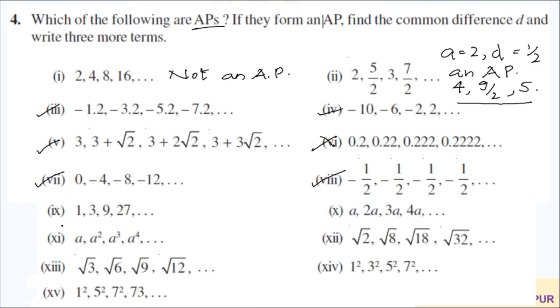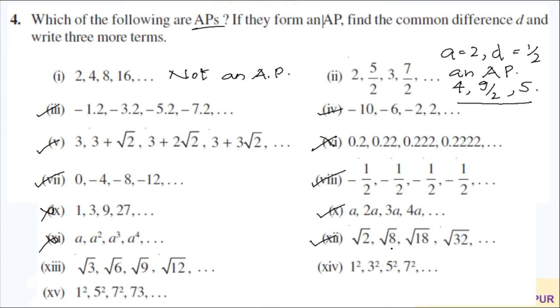Ninth one, it doesn't form an AP because there is no common difference. 10th one, it forms an AP with a common difference A. 11th one, it doesn't form an AP. 12th one, it forms an AP with the common difference as √2. Why am I saying that the common difference is root 2?